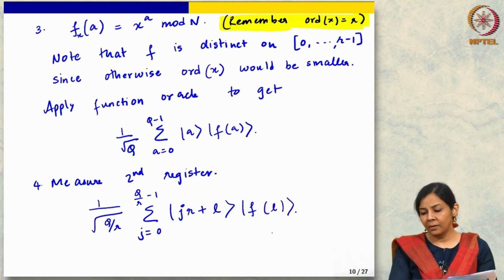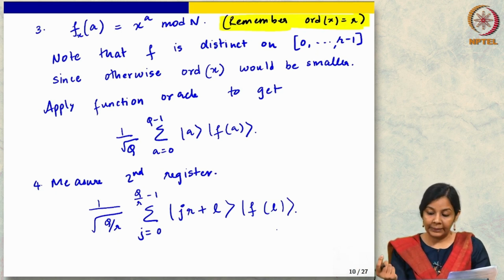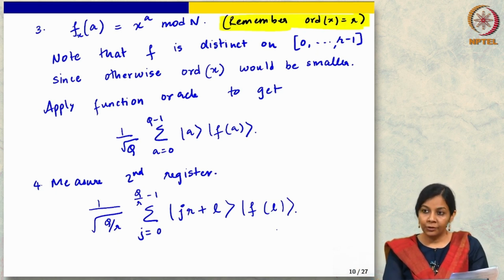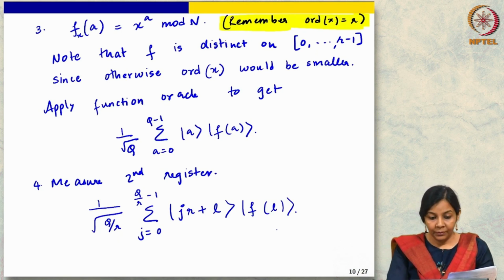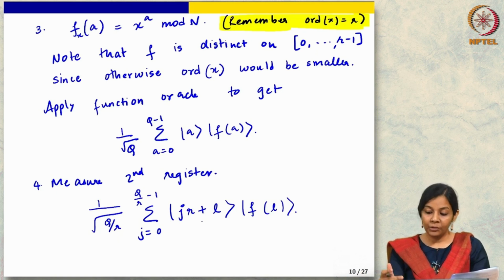I am just using L as some characteristic value which gives us a fixed f of L. Now what we got is a superposition over all these inputs that are consistent with a given f of L value.